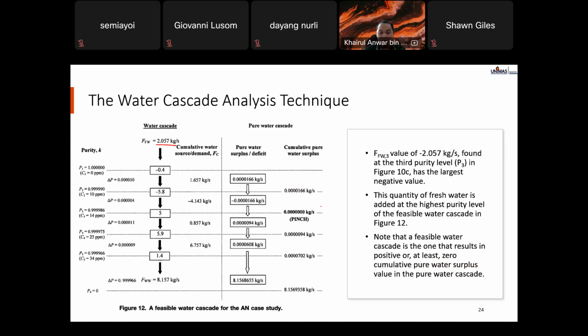So in the same way, we recalculate back. Not for the purity, this is the same.